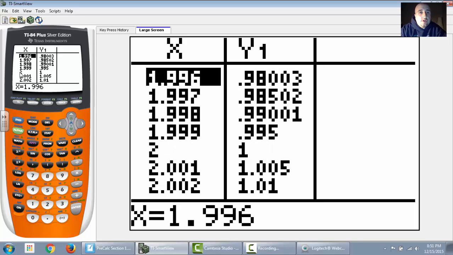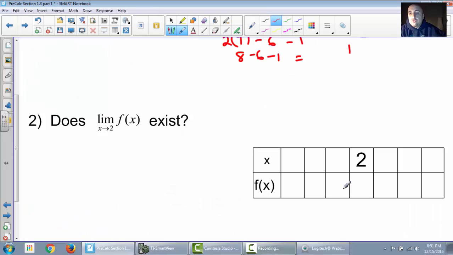So here's 2. At 2, our function is equal to 1. So I'm going to put that in my little table here. Now I'm going to see what happens if we go from the left towards 2.